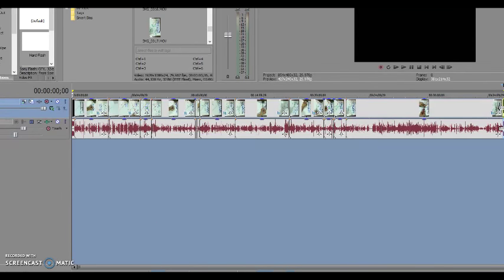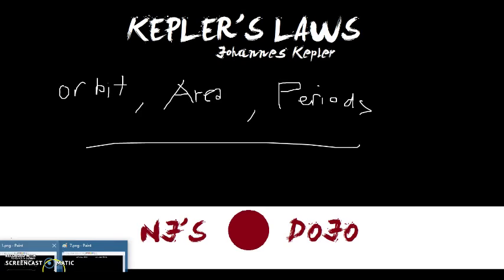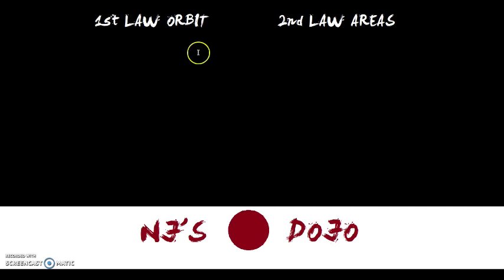Okay. So the first law states that all planets move in elliptical orbits with the sun at one focal point.